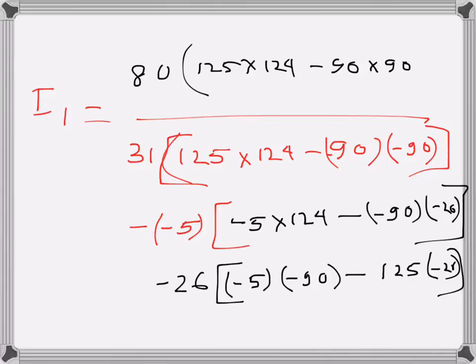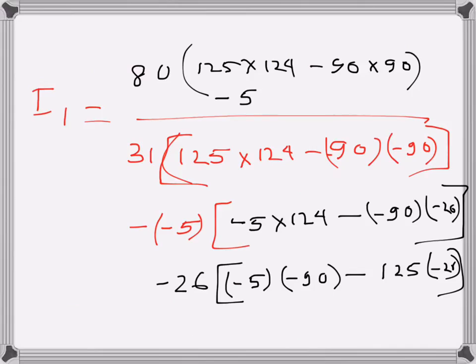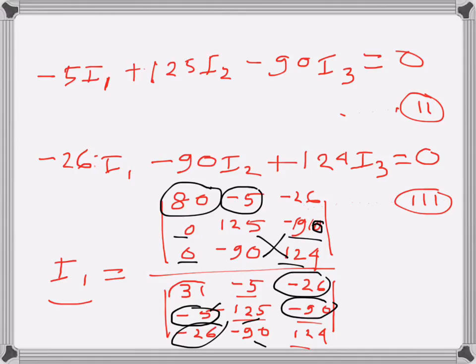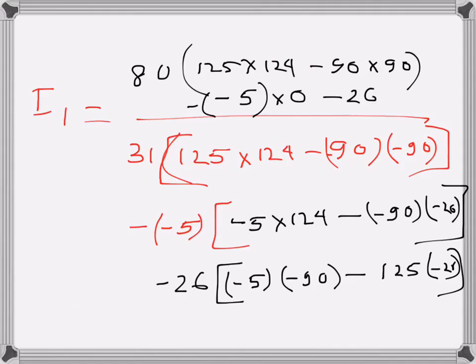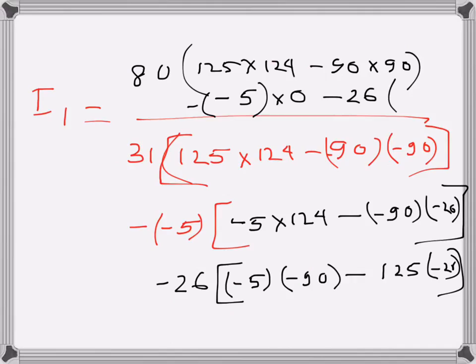Then 0 times this one will be 0, and minus this times 0 will again be 0, so minus 5 times 0 is gone. And finally we have minus 26 times 0 times 90, which is 0, minus 125 times 0, also 0, so that's gone.